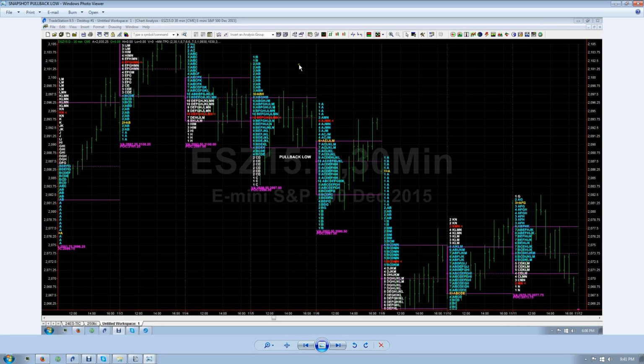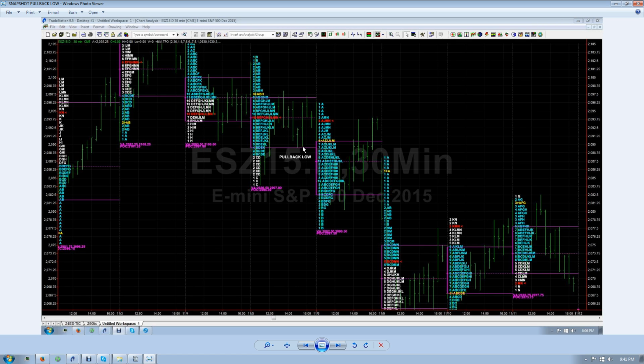Here's a snapshot of a pullback low. You can see the market traded that day, and in C period it came up. And this usually happens about 2 o'clock, the market makes a pullback low. Okay, and that's it.